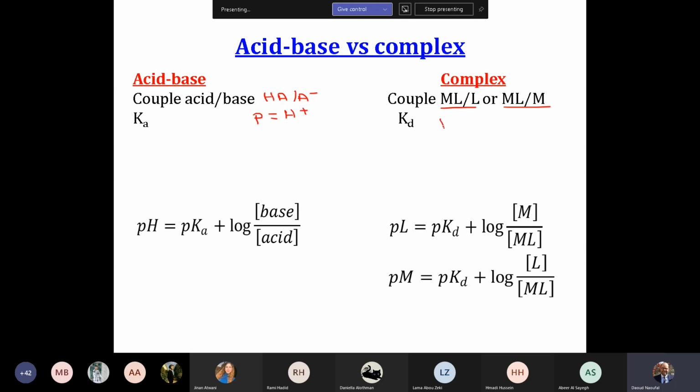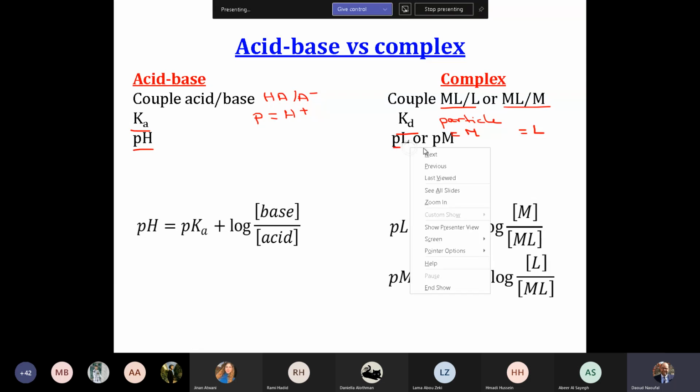In the complex, the particle is M in this case, or the particle is L in the second case. In the acid-base, the characteristic is Ka. In the complex, the characteristic is Kd and not Kf. In the acid-base, we are asked to calculate pH. In the complex, we are asked to calculate PL or PM. It depends on the exercise.